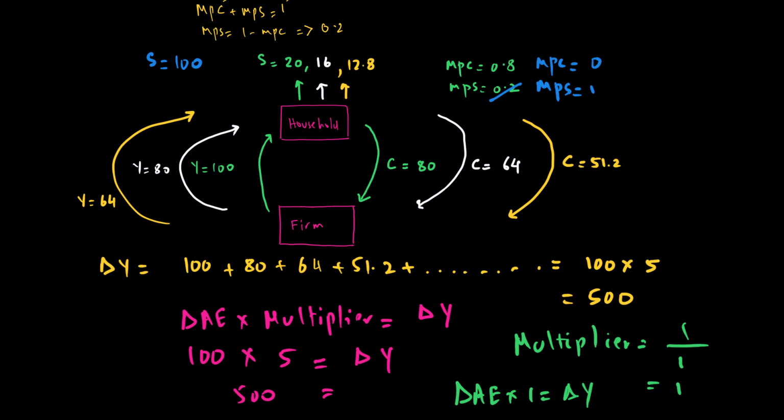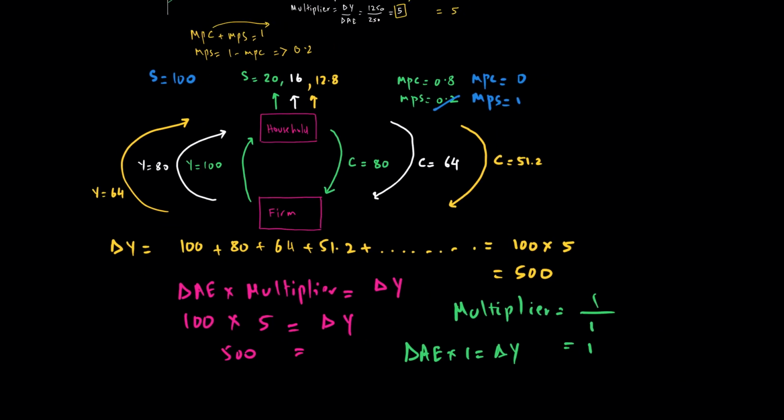What I'm trying to point out is just that MPS and MPC have a role to play. The larger the value of MPS, the more we are withdrawing from the economy, which means the smaller will be our multiplier. For example, what if I take a value of MPS to be 0 and MPC therefore to be equal to 1?